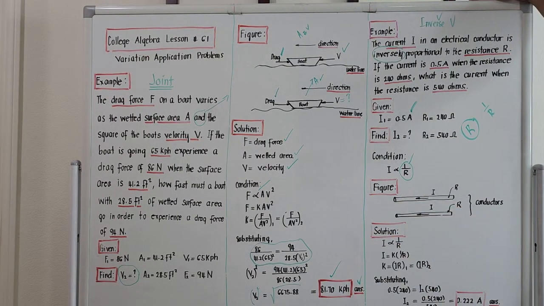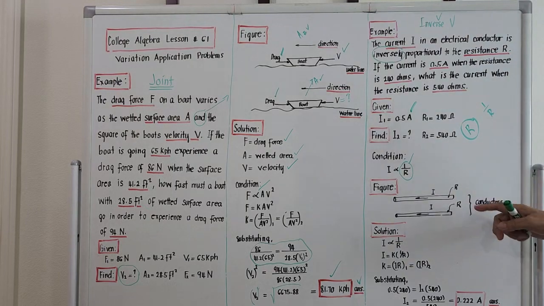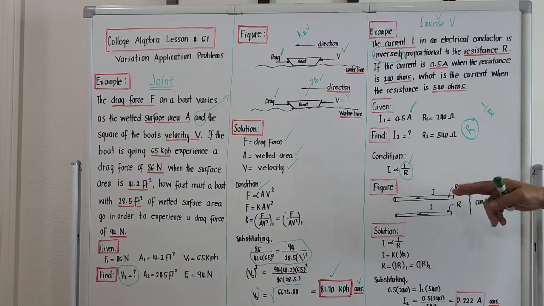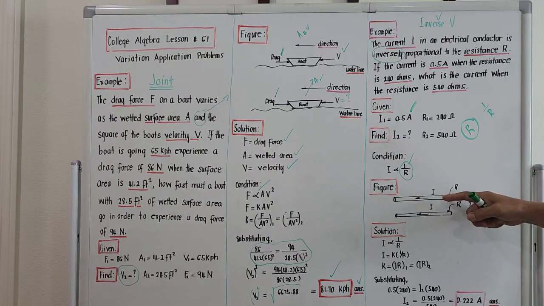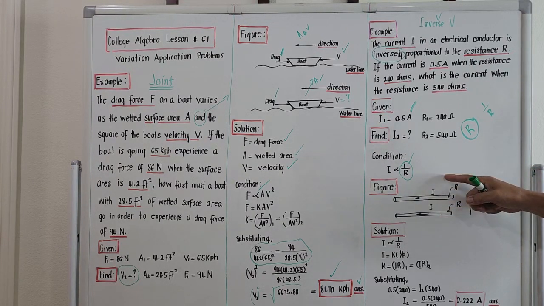Oh, this is an electrical engineering problem. We are given two conductors, and the conductor has resistances, right? With these resistances, a certain value of current will pass through the conductor.